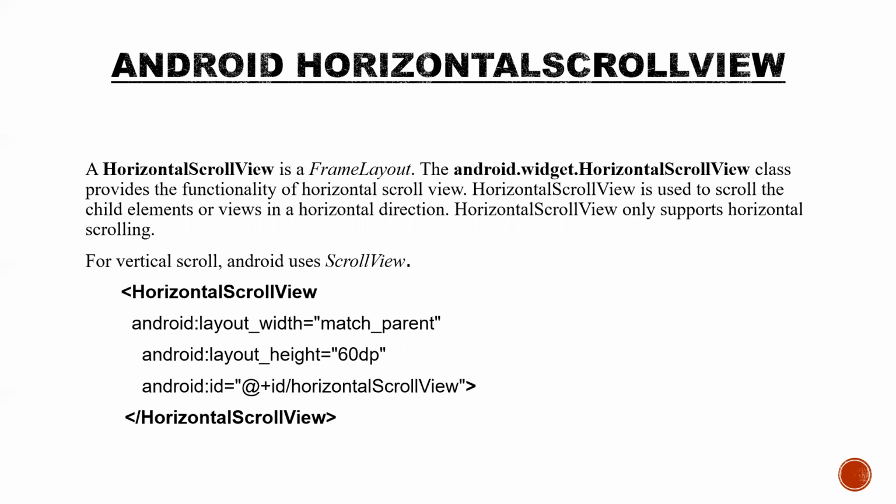For vertical scroll, Android uses ScrollView, but for horizontal scroll, we need to use the HorizontalScrollView tag. The attributes are the same for both horizontal and vertical scrolling. We can also set an ID for the HorizontalScrollView tag.